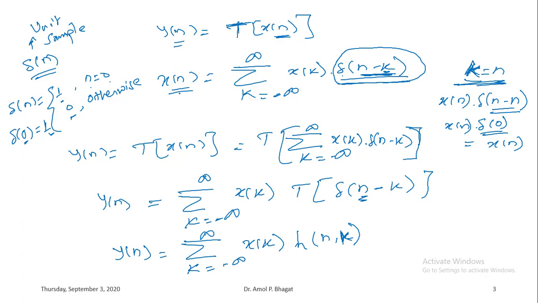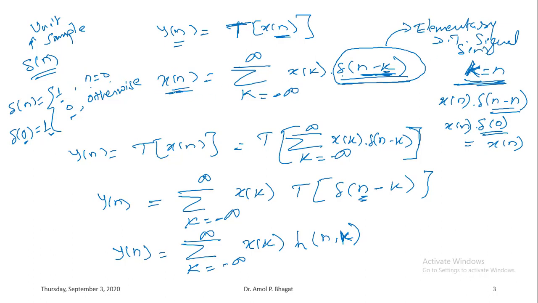And here what we have done is represent the input x of n by using the elementary signal, the unit sample sequence del of n. Here we are multiplying x of k with del of n minus k. We use this elementary discrete time signal del of n to represent the input x of n.